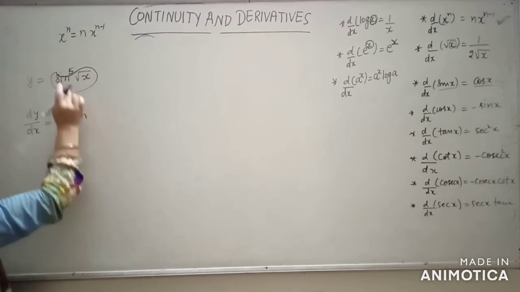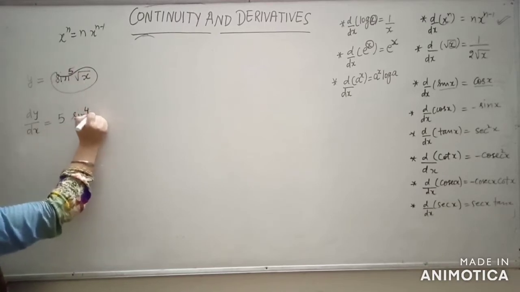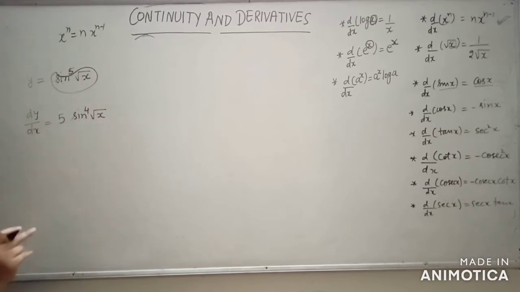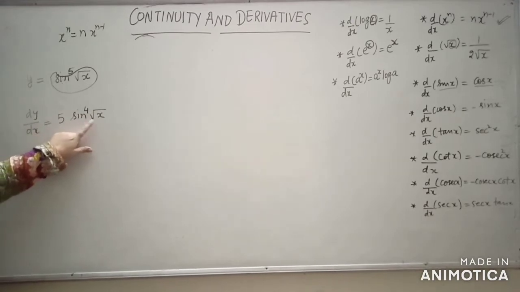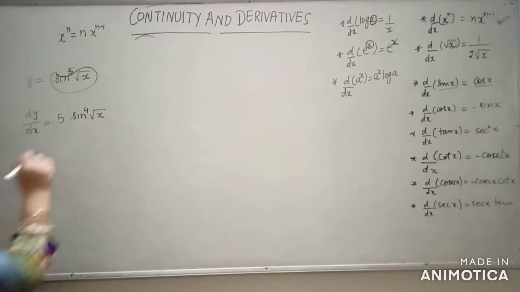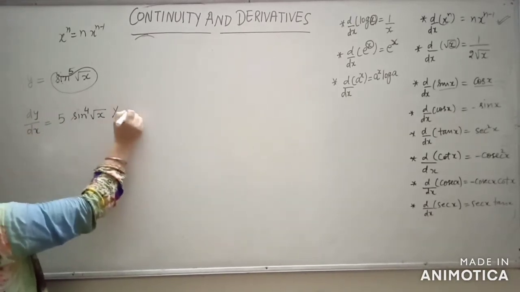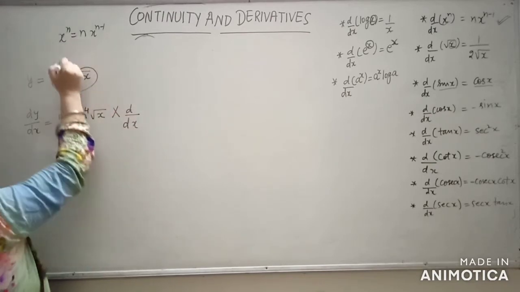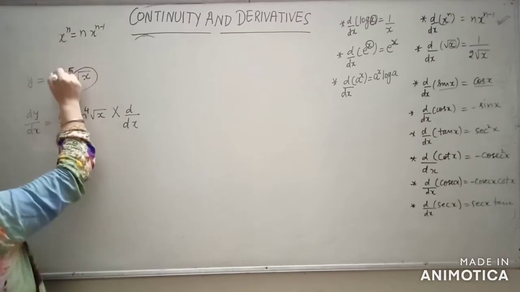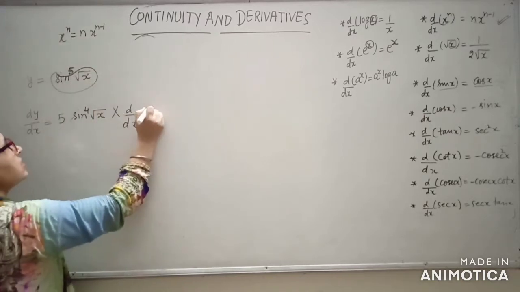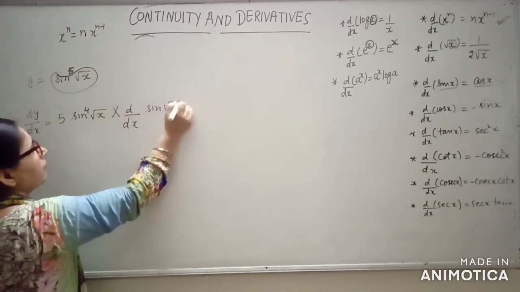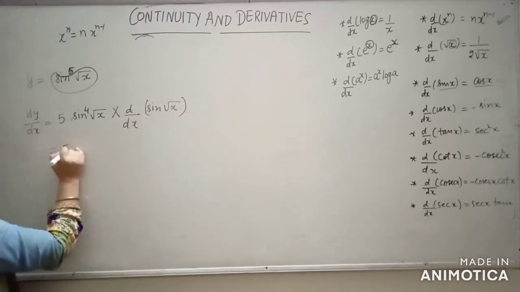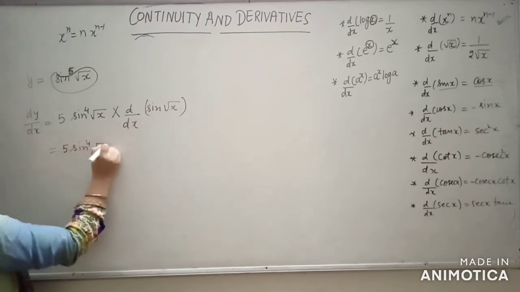Its power is reduced by 1, so 5 becomes 4. Don't forget to write down the sine function applied on root x, into d by dx of what you considered as x.